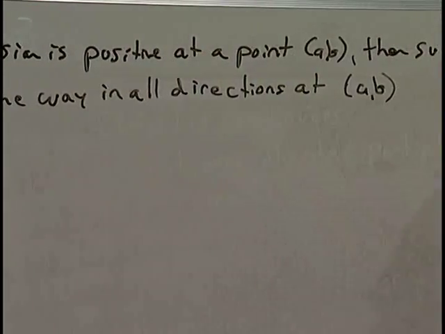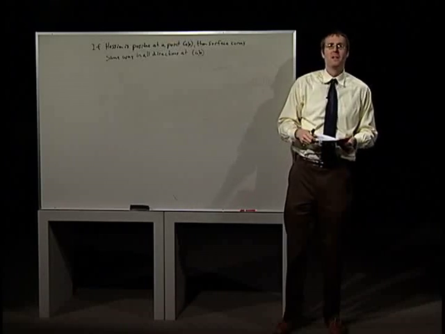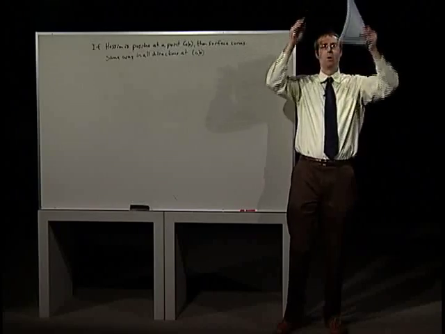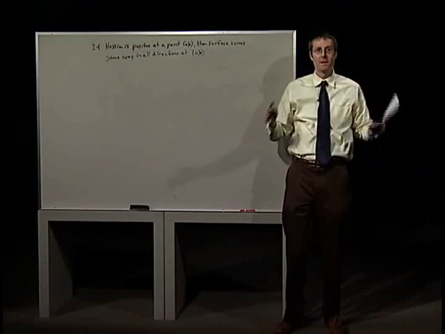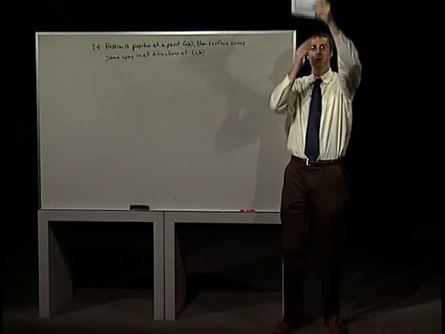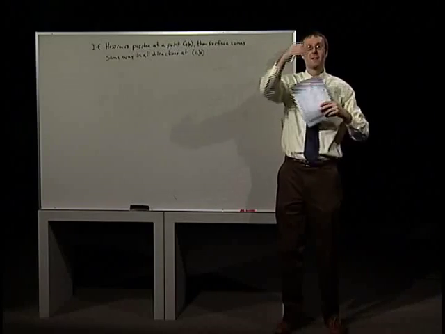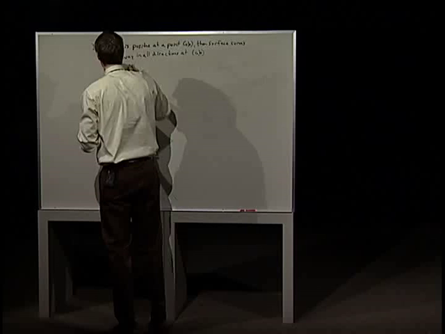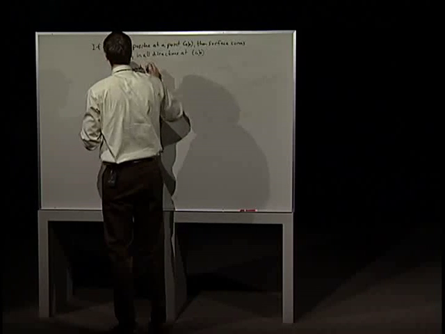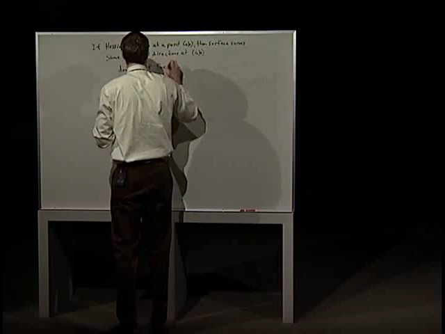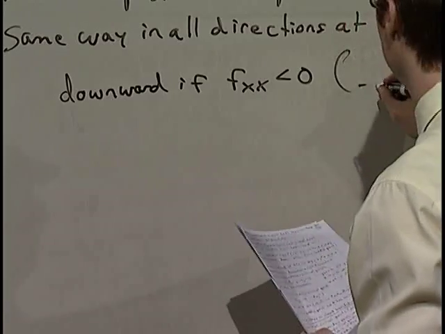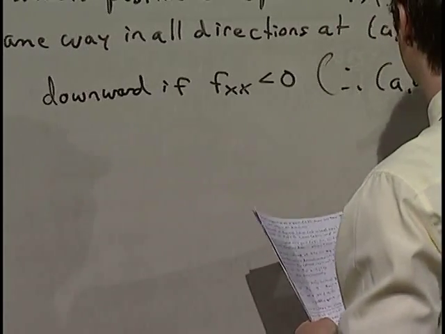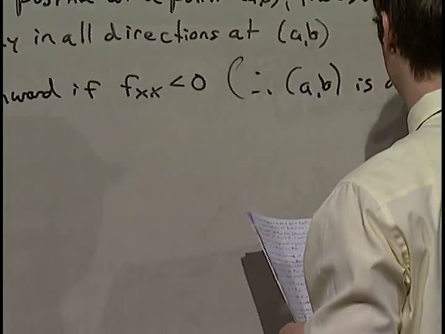So it means that the surface is curving at some point AB in all directions out of it. The surface is curving, so it's either curving up or it's curving down, right? So it's either curving up like this in all directions, or it's curving down, right? Curving down like that, okay? And in particular, it's downward if f double x is less than 0. Therefore, AB is a local max.